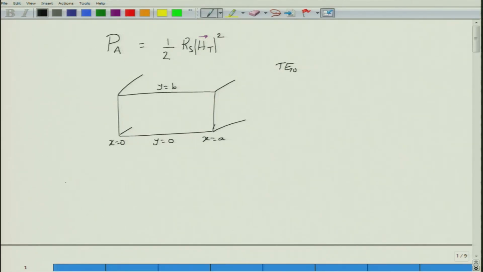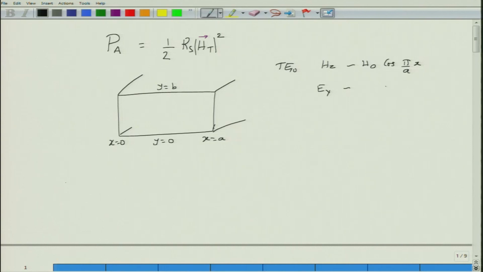The components that exist are the z component Hz with an amplitude of H0 and a dependence on x as cos(pi x by a), whereas the Ey component has some constants like j omega mu a.